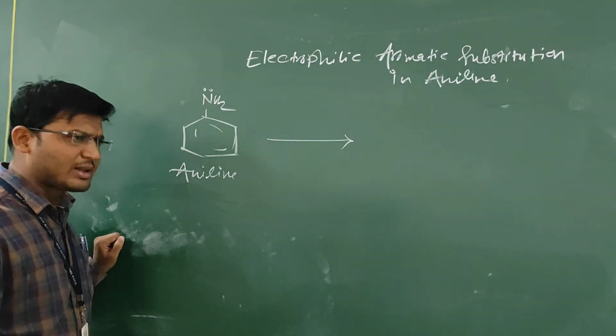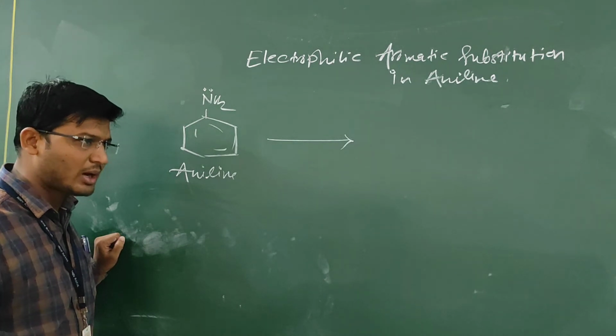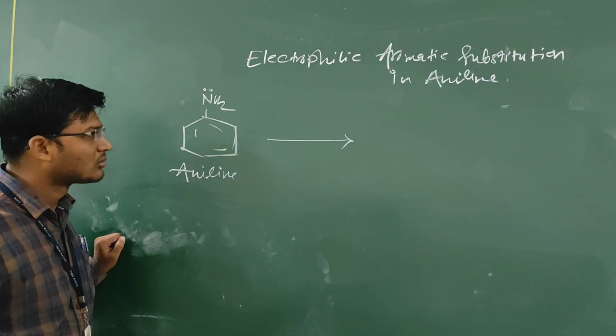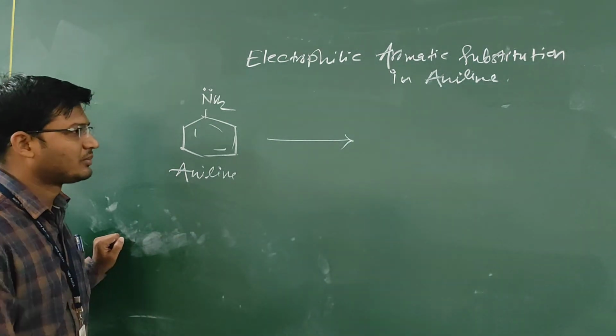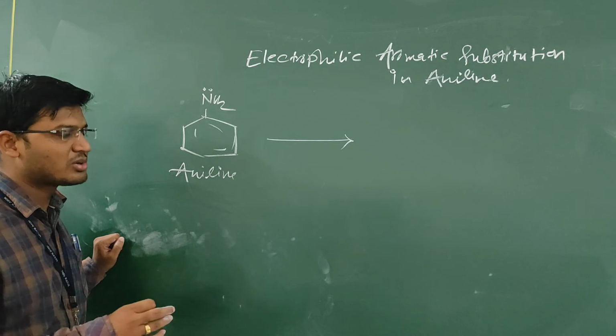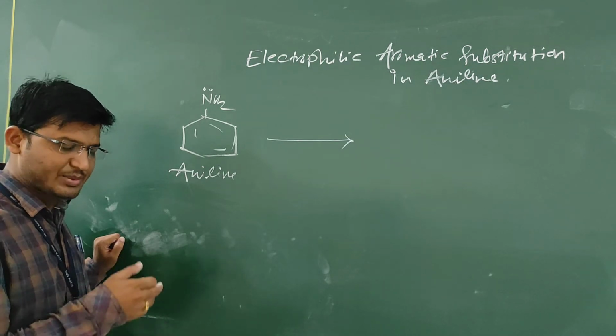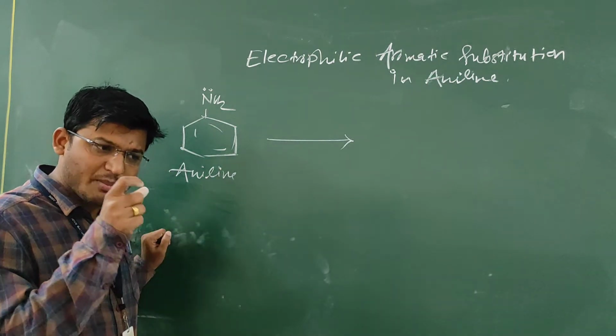Aniline cannot show the nitration directly because it undergoes oxidation and forms three different products. It gives the ortho substituted, the meta substituted, and the para substituted. Our aim is to form one of the products in a major amount.